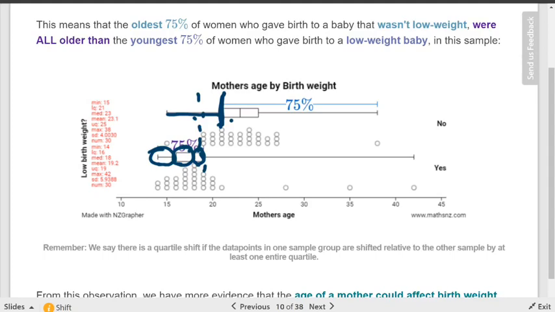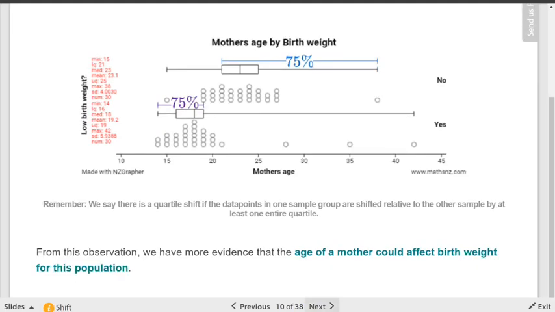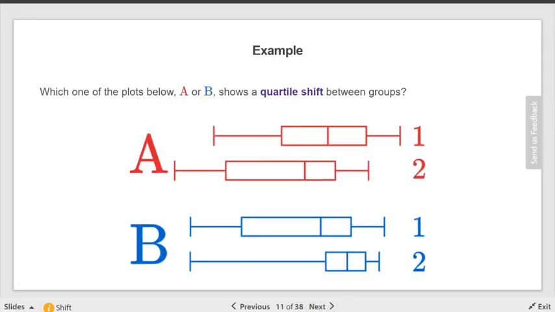You're going to do exercises where you'll be comparing these, so you'll have a chance to count these up and do them. So here you go. Which one of them, either A or B, shows a quartile shift between the 2 groups? If you look at the first one, is there a quartile shift here? Remember, you can draw lines to help you see. That's hitting into there, so that's not way above.